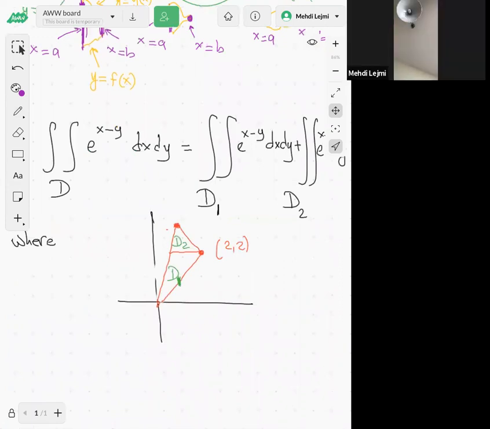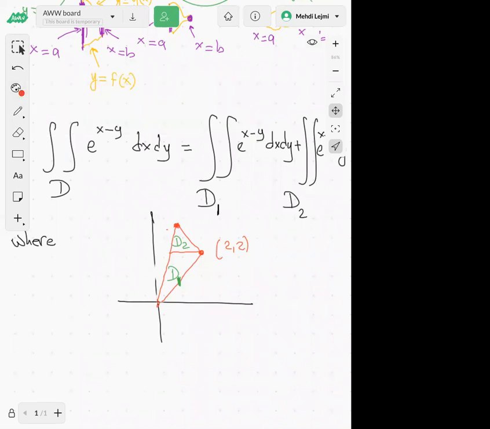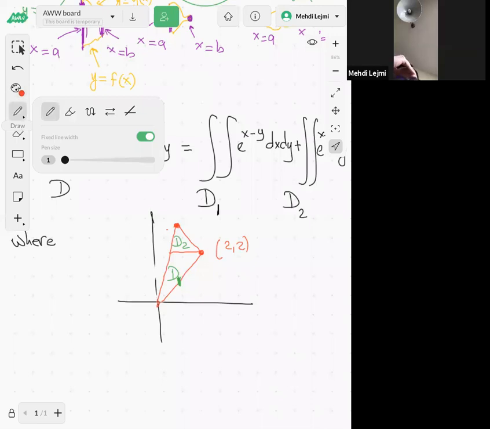And I don't know, do you think you're going to have trouble finding the bounds for these two subtriangles? I found the bounds doing it the other way. Okay, let me just do it as you did.